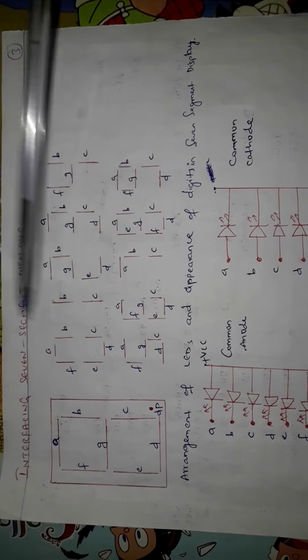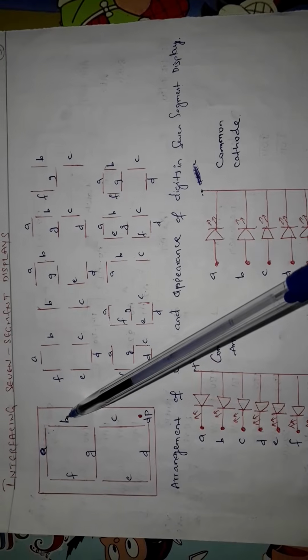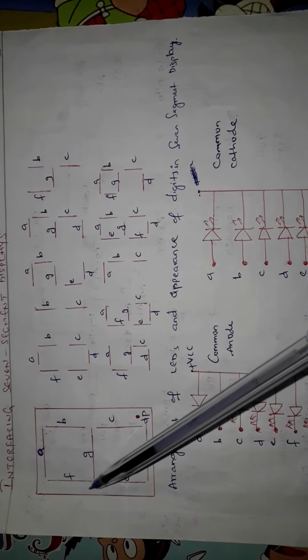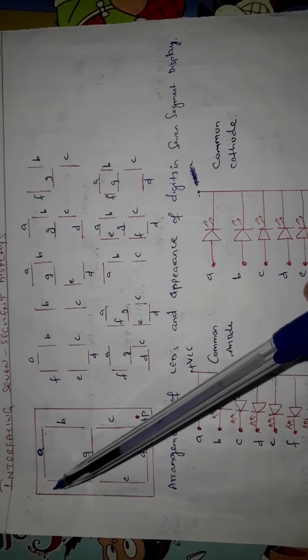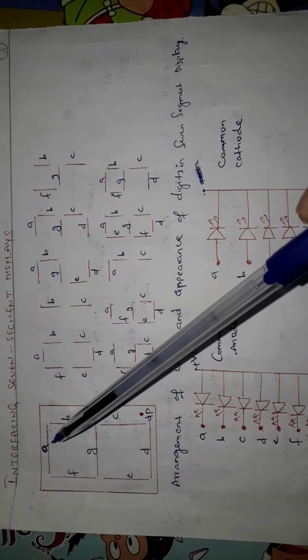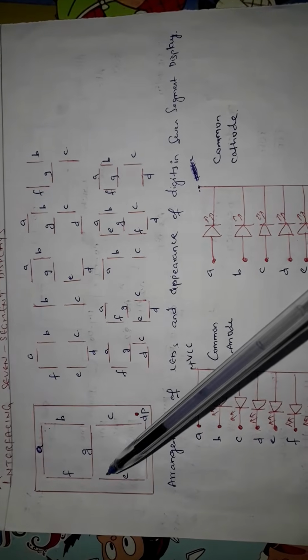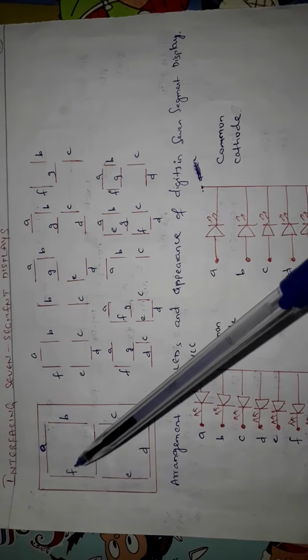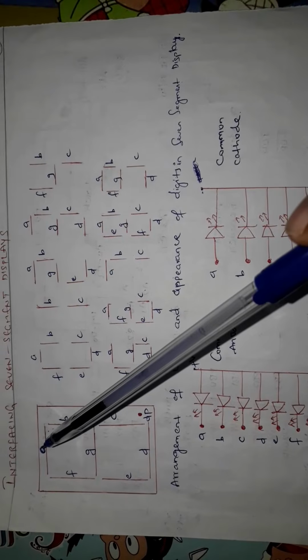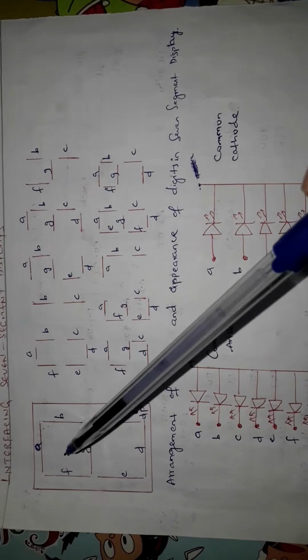A 7 segment display has 7 segments, named A, B, C, D, E, F and G. The naming of these segments is given in clockwise direction.